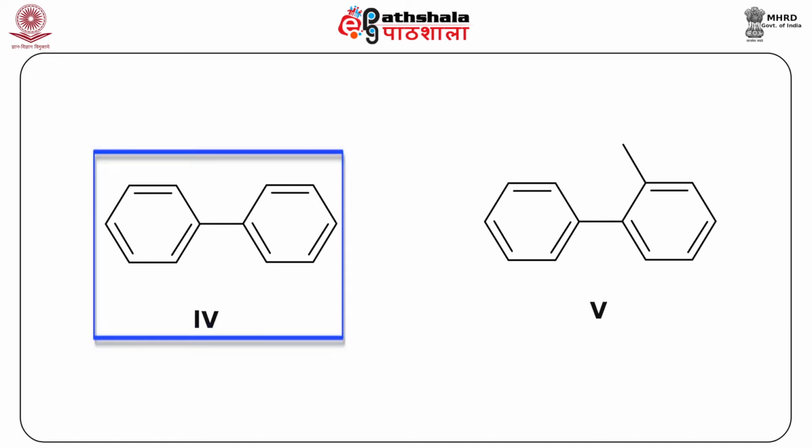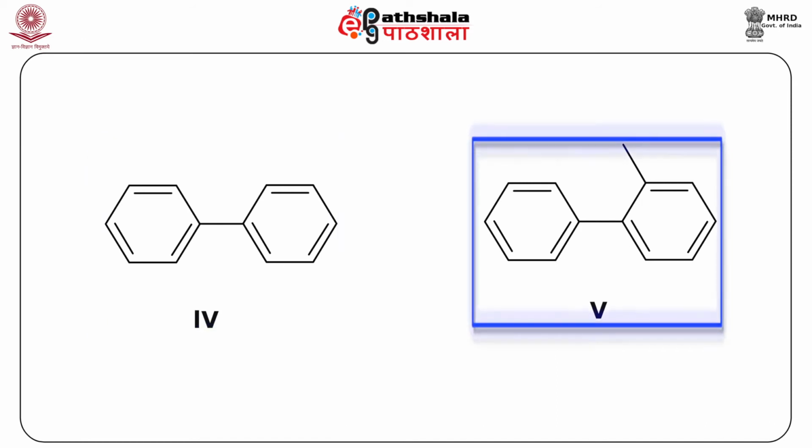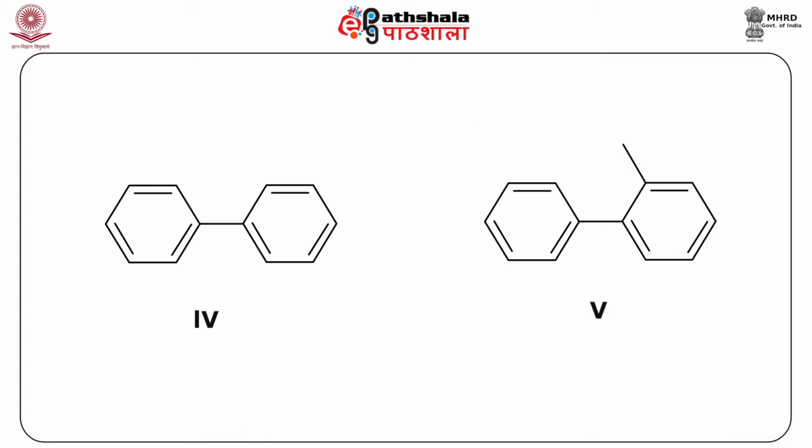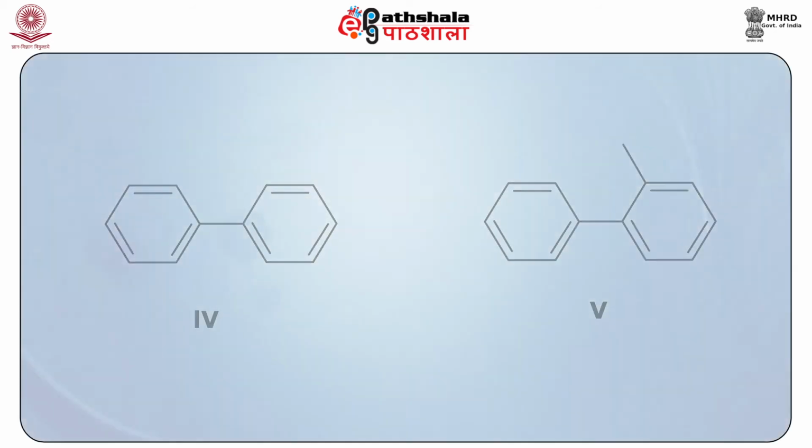Biphenyl has a lambda max of 250 nanometer with a molar absorptivity of 19,000, and comparatively 2-methyl biphenyl, as shown, has a lambda max at 237 nanometer with a molar absorptivity of 10,250. I hope now you can appreciate the difference between the two structures and the importance of coplanarity.